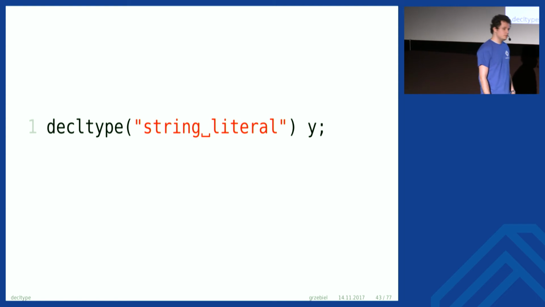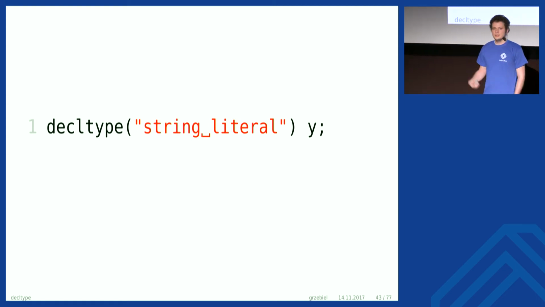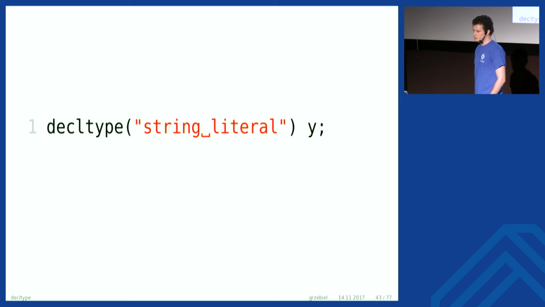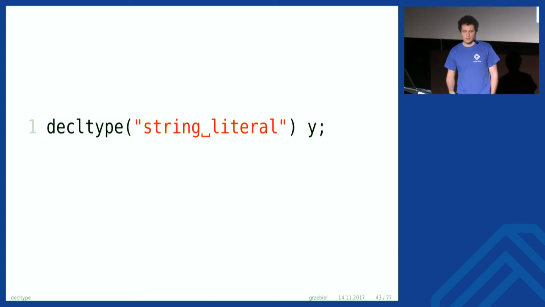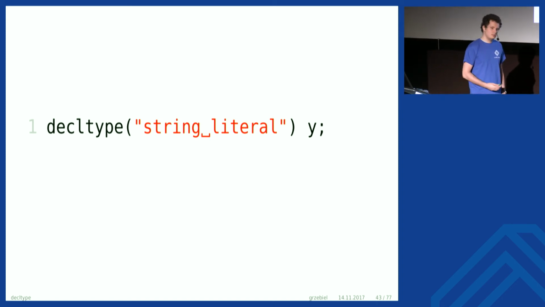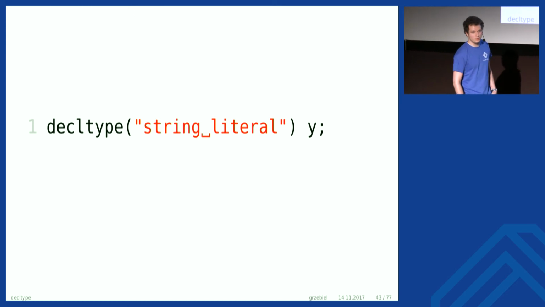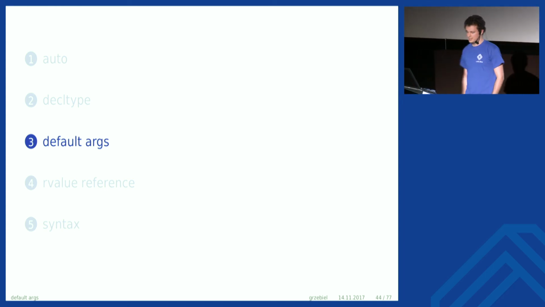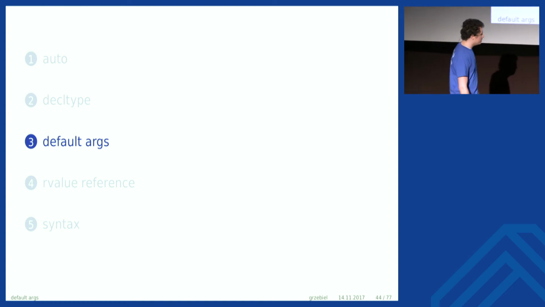In case we are deducing from a string literal expression, this is actually an array of known size and known type to the compiler, and we cannot return via copy, we need a reference here. This is why we have such, let's say, complicated type returned by the compiler. Okay, enough of decltype.